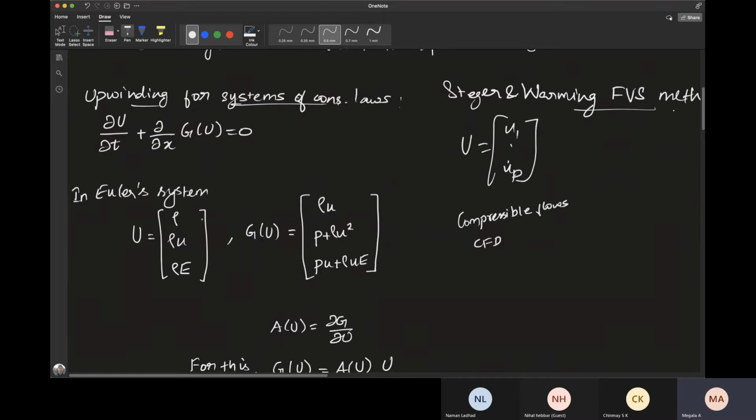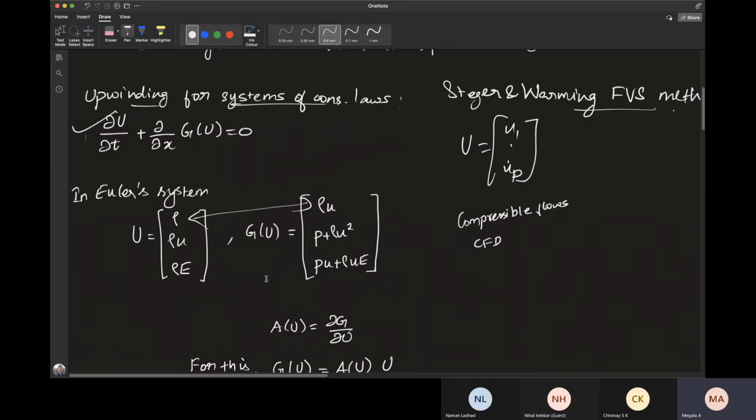Here, let us just consider an Euler system, where the first component of the equation represents mass conservation, the second component is momentum conservation, and the third component is energy conservation.